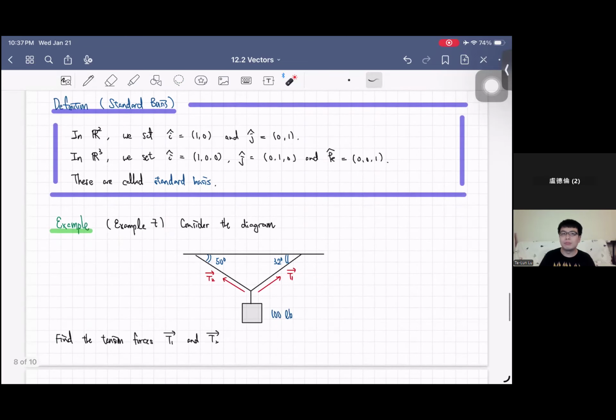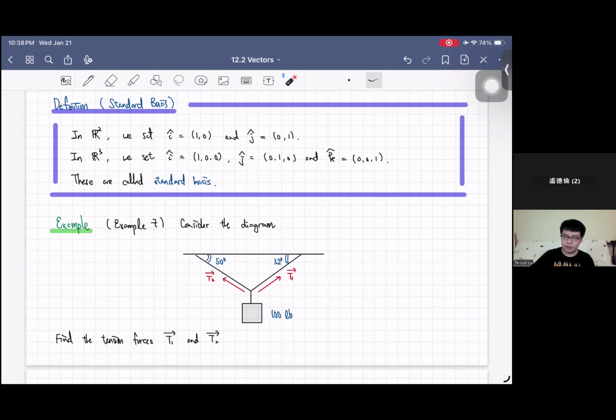We have a final example, which is stating how it is useful to decompose everything in terms of the standard basis, which is ijk. i represents the x direction, while j is the y direction, and k is the z direction. Yeah. So the reason to do that is that we can decompose everything in terms of either 2 directions or 3 directions, and then we can do algebra on each of the directions.